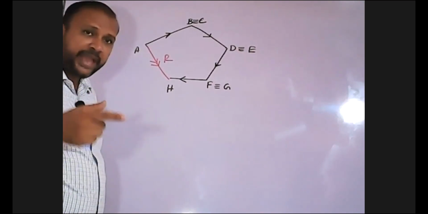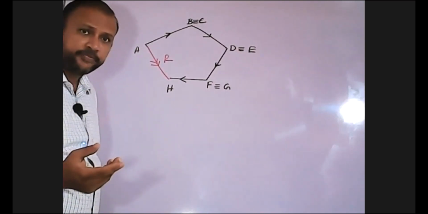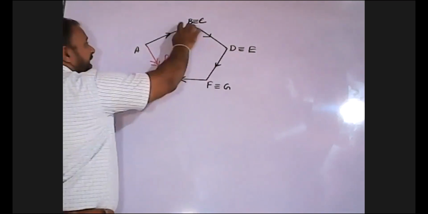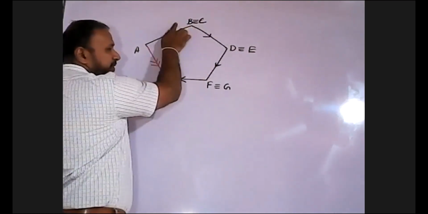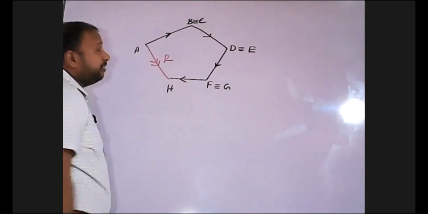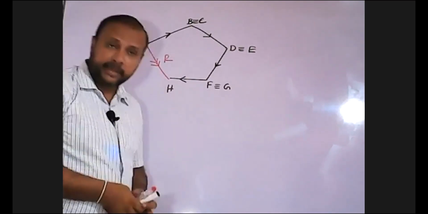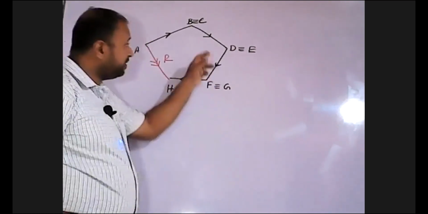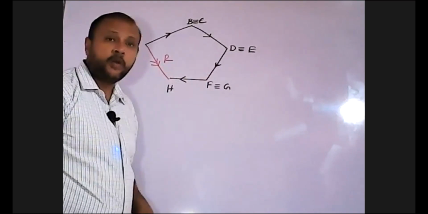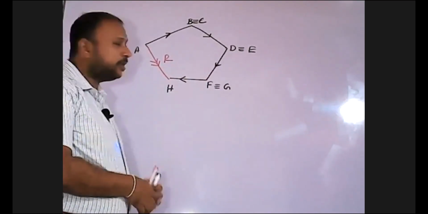When you are adding these four vectors, the starting point of each vector coincides with the end point of the previous vector.